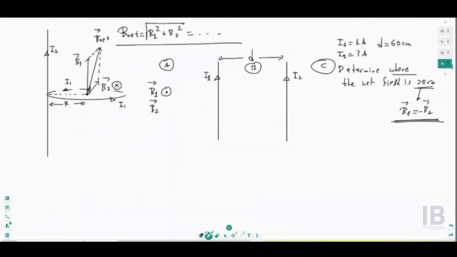Put the thumb. Yes. The fingers are going into the page here at the right, and of course, out there. Do you agree? Yeah. But for B1, at region A, it comes out of the page. The same for B2.